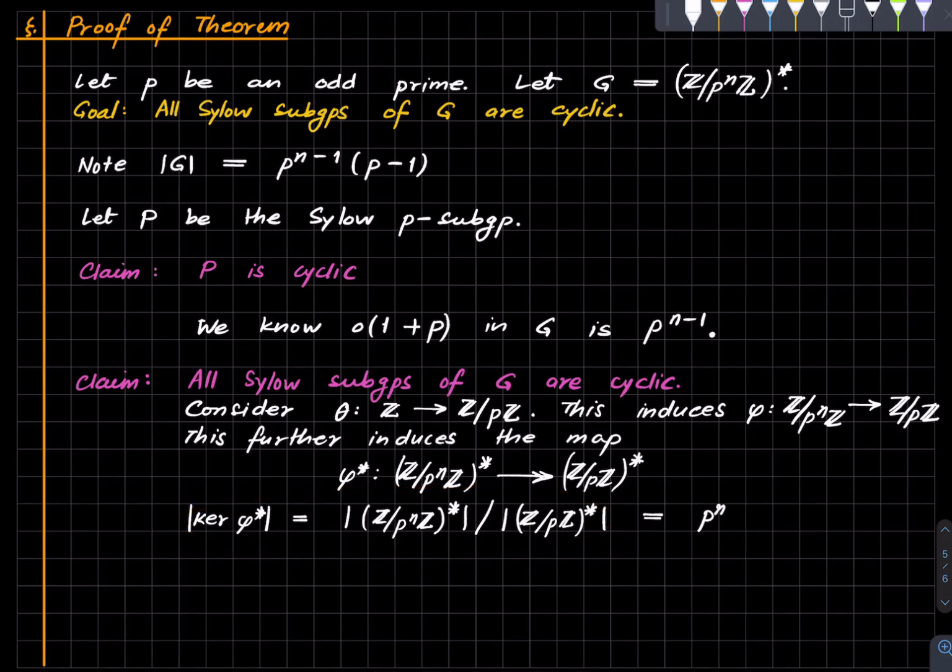This is p to the n minus 1 times p minus 1 divided by p minus 1, which is equal to p to the n minus 1. So the kernel of phi star is a subgroup of size p to the n minus 1, and hence it has to be equal to P, because any subgroup of size p to the n minus 1 is the Sylow p subgroup of G, and then this is equal to capital P. Maybe I shouldn't have chosen the notation capital P because one can confuse it with small p. So this is equal to the subgroup P, and hence this is a cyclic group.